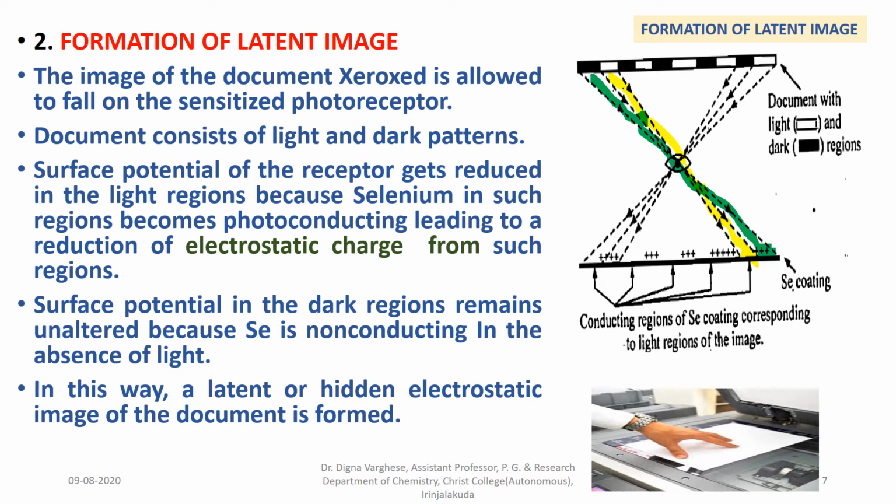In the light region, selenium becomes photoconducting, so there is some reduction, and in the dark regions there is no reduction, or it remains unaltered. In this way, a latent or hidden electrostatic image of the document is formed.